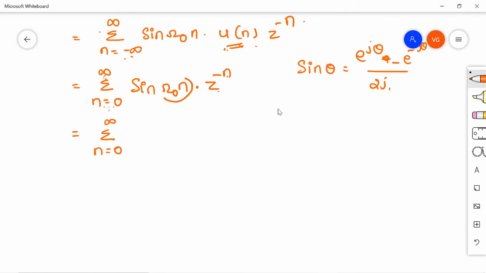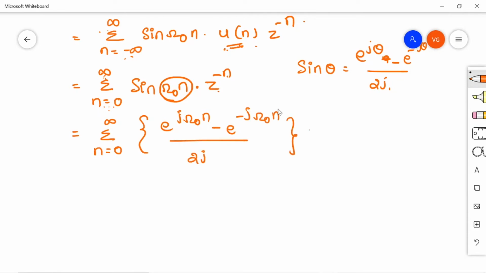Instead of theta I have omega naught n, so e power j omega naught n minus e power minus j omega naught n divided by 2j, multiplied by z power minus n. The 2j will not do anything with the summation, so I am writing 1 by 2j outside, sigma n running from 0 to infinity.